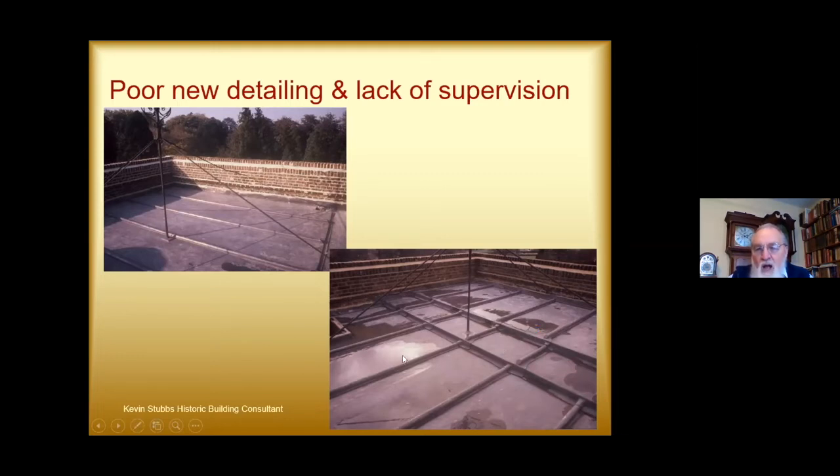And so, again, I always inspect after heavy rain, new lead work, etc., to see what's happening. And here you can see that where you've got a double thickness of lead at the edge of the step here, it's formed a weir. You've got a pond, and in fact, with capillary action, this roof was wetter than before they started.